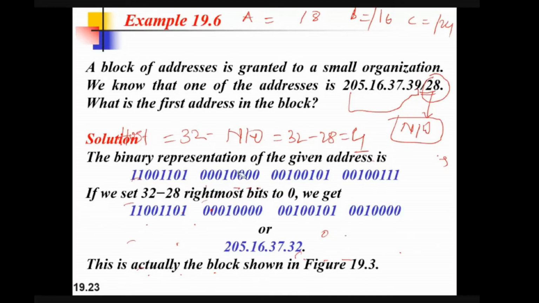We are only concerned with the last decimal, so we convert this last decimal to binary. Then we set the rightmost 32 minus 28 bits to 0. They calculated the host bits, 32 minus 28 equals 4, and made them 0, giving 205.16.37.32. So this is the address that we had calculated, the first address.